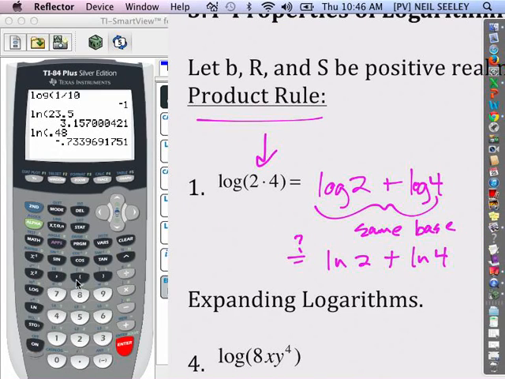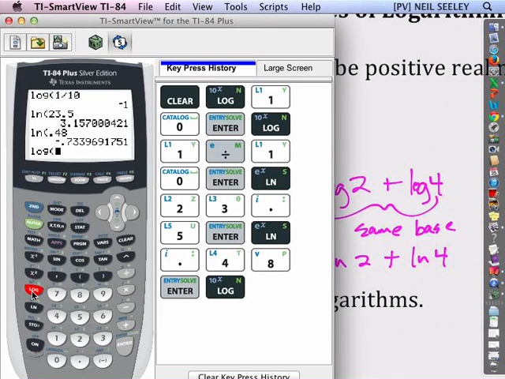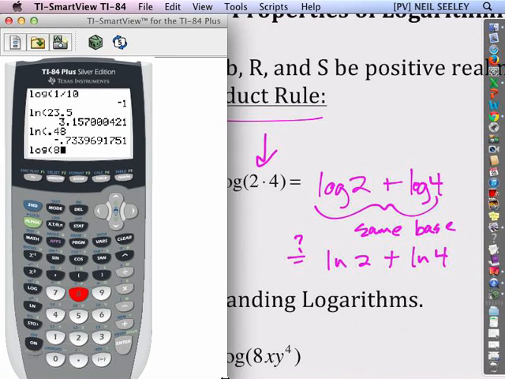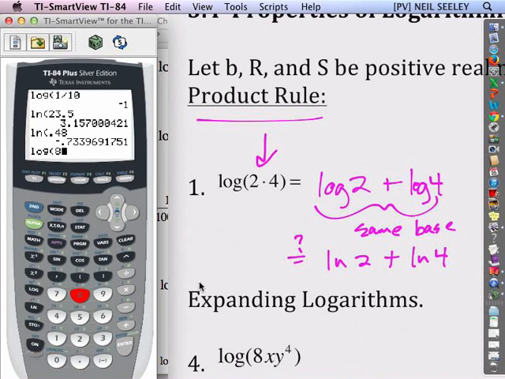So let's try log of 2 times 4. We know that's log of 8, right? Log of 8. Got that. I don't want this key press history, it's just misleading. So there it is. I have log of 8. It is 0.9030980.